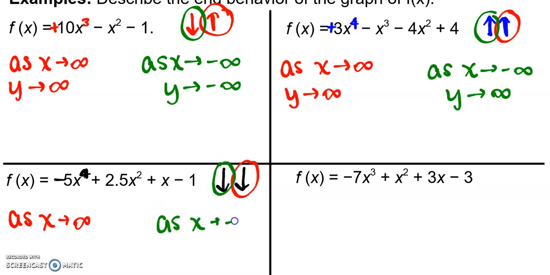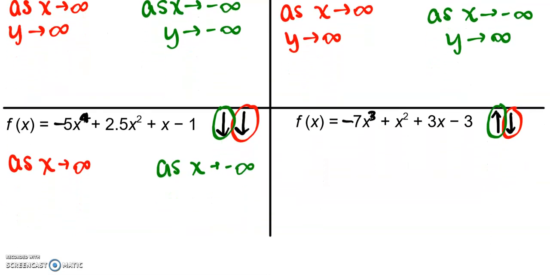As x goes to negative infinity should be that arrow. So see if you can tell what y is doing. For the next one, I have a negative odd. I want you to see this is the right arrow. This is the left arrow. See if you can write what both x and y are doing. Go ahead and pause your video and try these now.